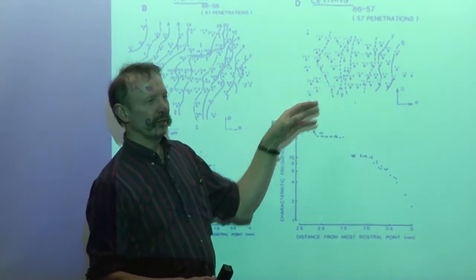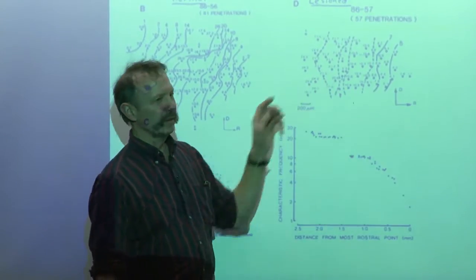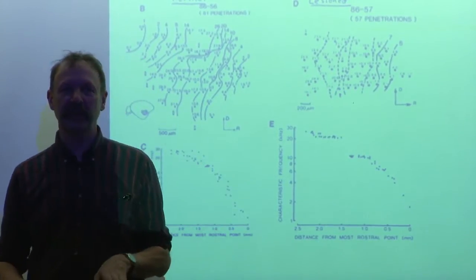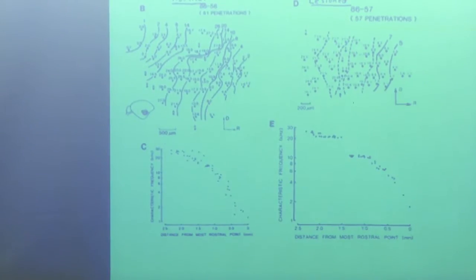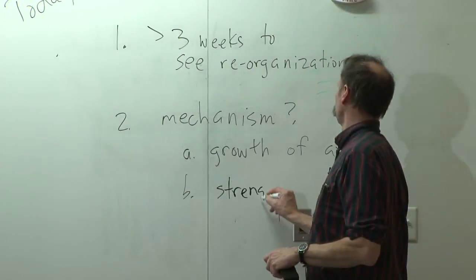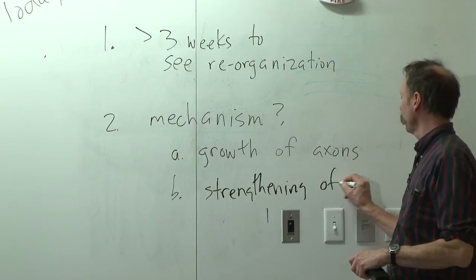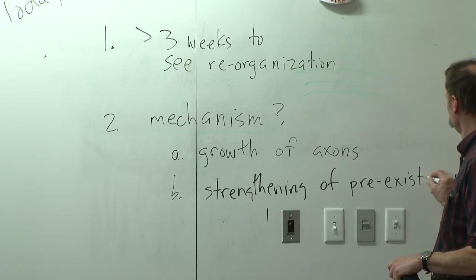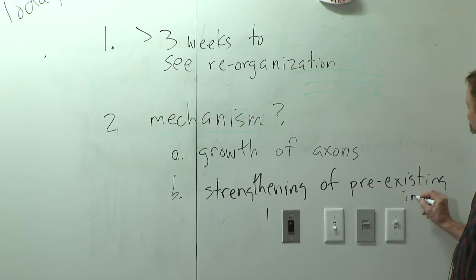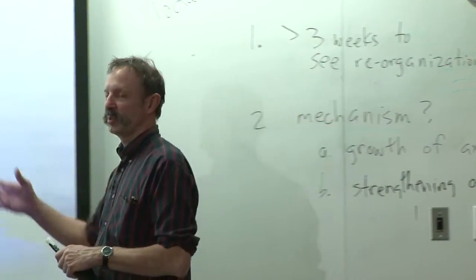And maybe after the hearing loss, that other stuff is silenced, and these previously weak inputs become stronger. So you could say another mechanism is strengthening of pre-existing inputs that are weak before the perturbation.